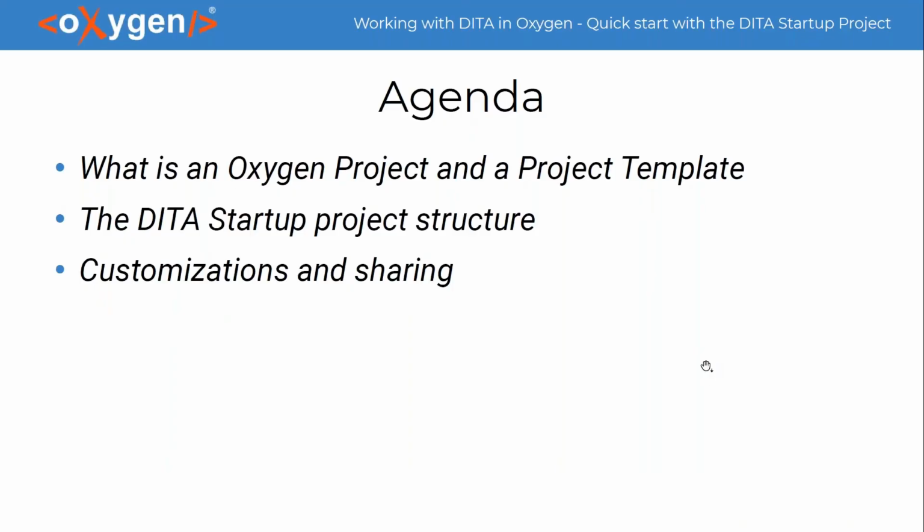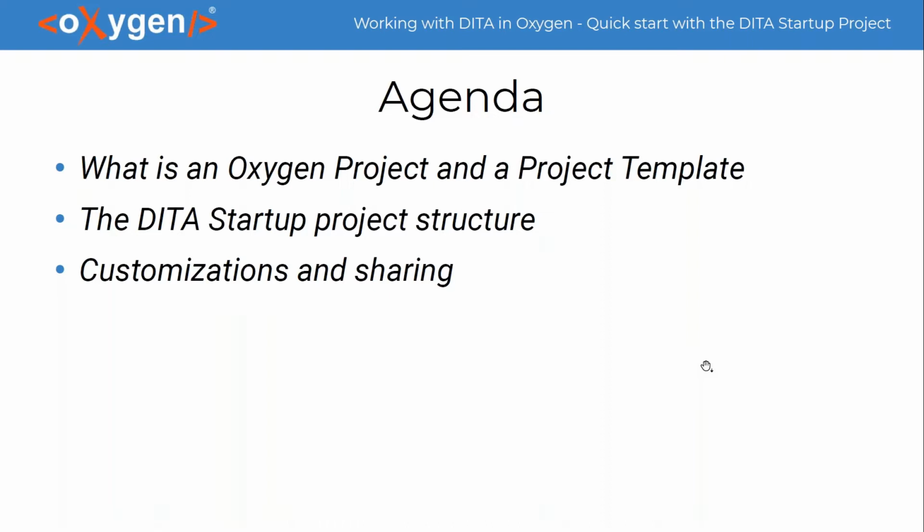So a quick outline of today's topics. We'll begin by presenting the concepts of an Oxygen project and project files, and like I said, what benefits they bring. And afterwards, for the bigger part of our presentation, we'll take a look at the DITA Startup Project structure.